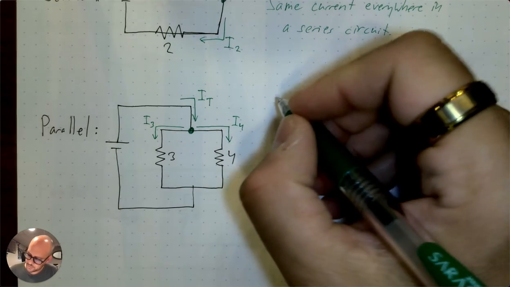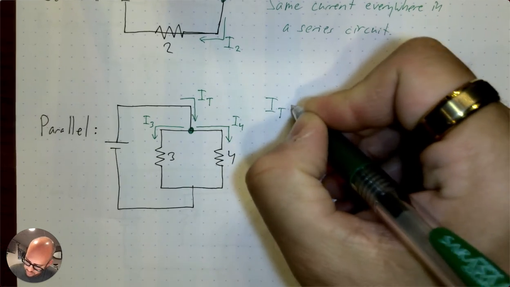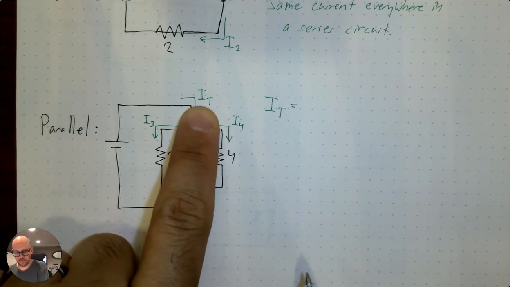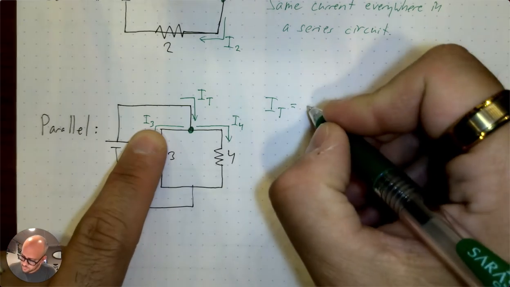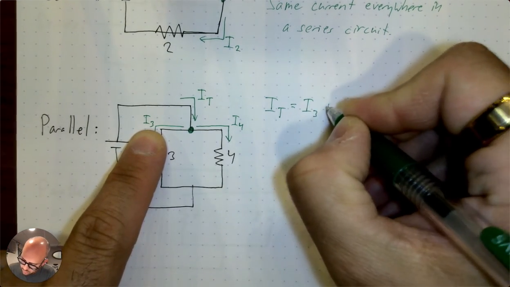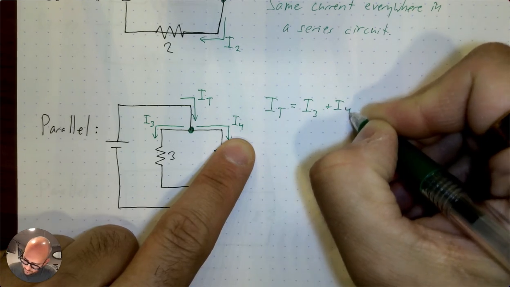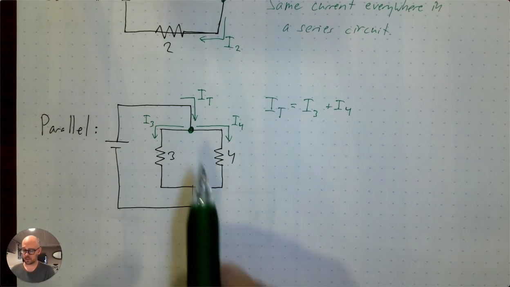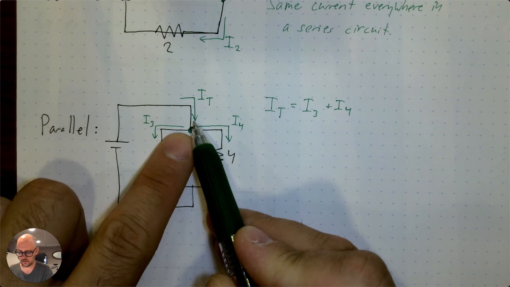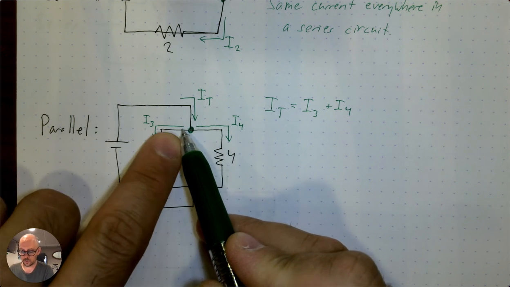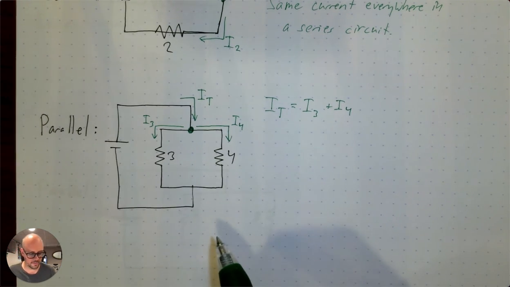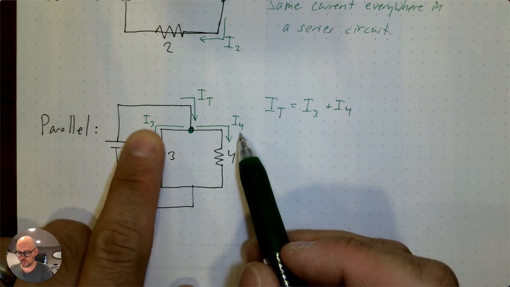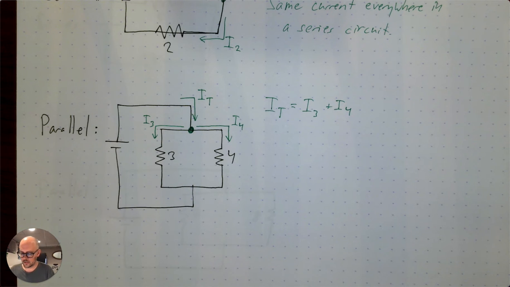So the junction rule says that the total current entering this junction, which I have labeled as IT, is equal to I3 plus I4. I can build this equation because I know that all of this current goes into the junction, and then some of it goes to the left, and the rest of it has to go to the right. There's no third option, so these two currents have to add together.